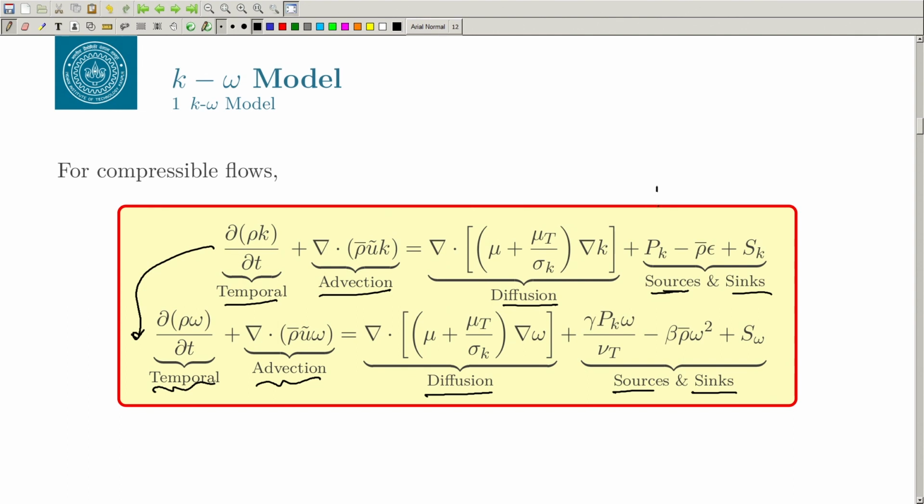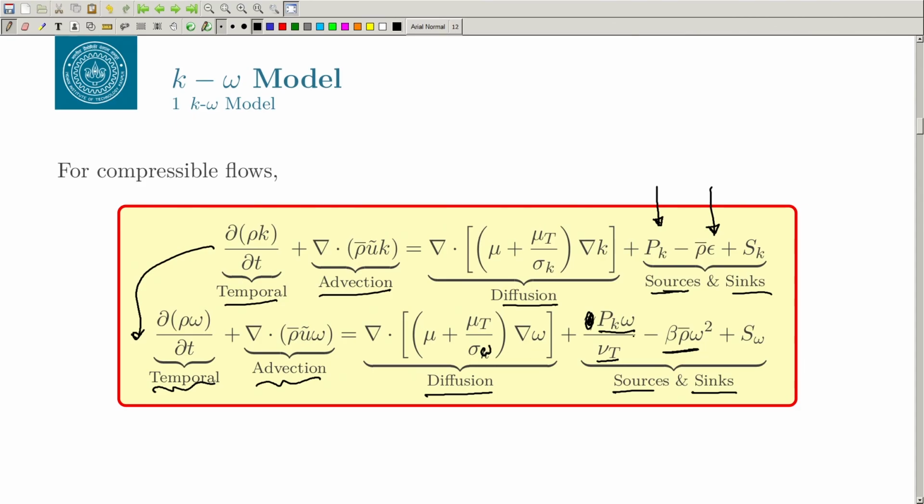For example, the production of kinetic energy was the source and the dissipation of the kinetic energy was the sink. Here there will not be any gamma term. So, this is the modified term for the omega equation here. So, P k omega by nu t, and there is another term for production of the specific dissipation rate, and destruction of the dissipation rate, or basically dissipation of the dissipation rate, okay. This will be omega again.